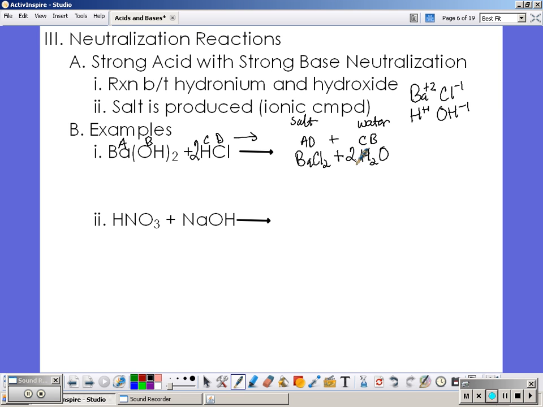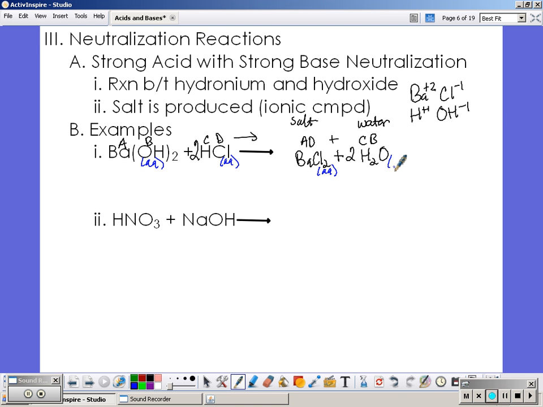For the net ionic, hydroxides are insoluble except with group 1, strontium, barium, and ammonia, so this is going to be aqueous. All chlorides are aqueous except silver, lead, or mercury, so this is aqueous. And then water is always a liquid.